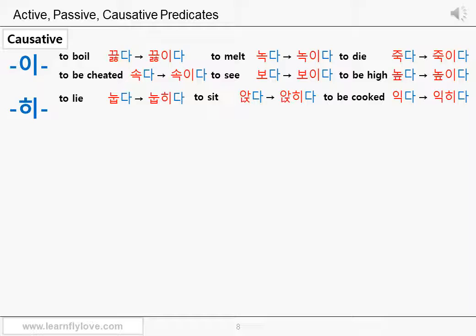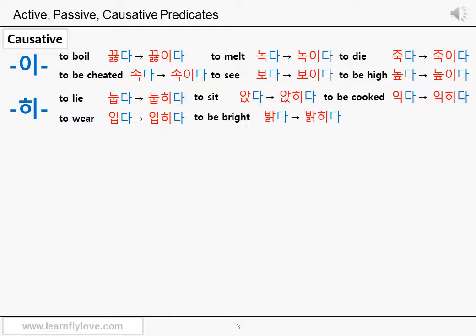Cooked and ripe in English are adjectives, but the active form 익다 in Korean is a verb. Please remember that if you can. To wear. When you say you wear something such as clothes, you use the active form 입다. But when you want to say you dress someone such as a child, you use the causative form 입히다.